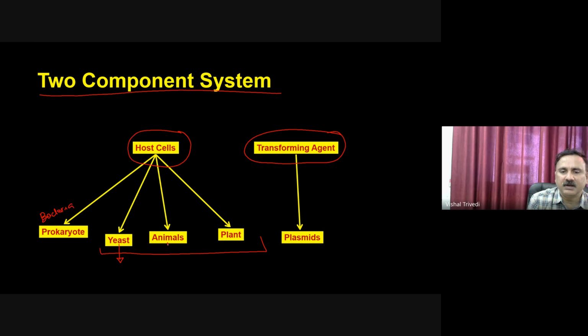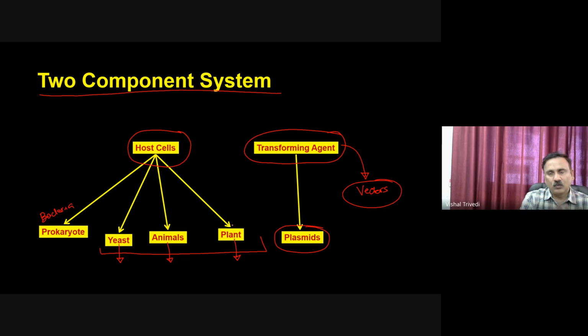It could be multicellular animals, or very complicated plants. Similarly, you can also have different transforming agents. I have taken an example of the plasmid that belongs to the prokaryotic system, but it could be other kinds of vectors. You can have vectors which only propagate in yeast, such as the YAC, or you can have mammalian vectors, or plant vectors.